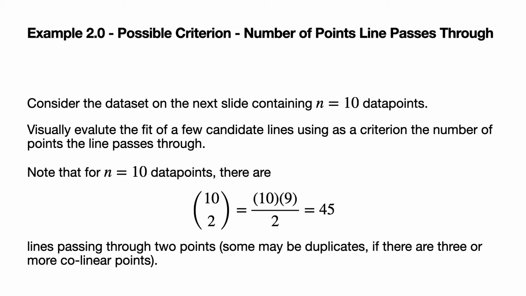What we're going to do is visually evaluate the fit of a few candidate lines using as a criterion the number of points the line passes through. Note that for 10 data points, there are 45 lines passing through 2 points. Some of these may be duplicates if there are 3 or more collinear points.